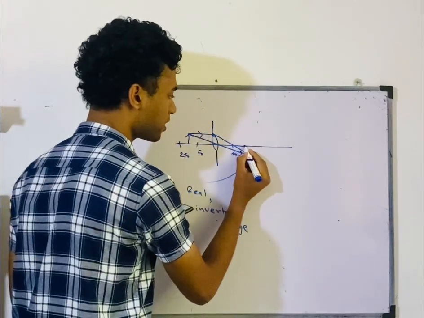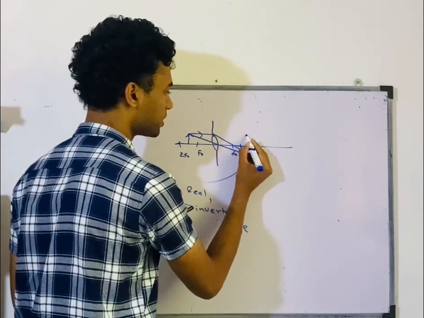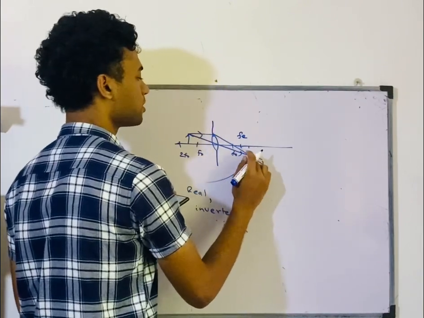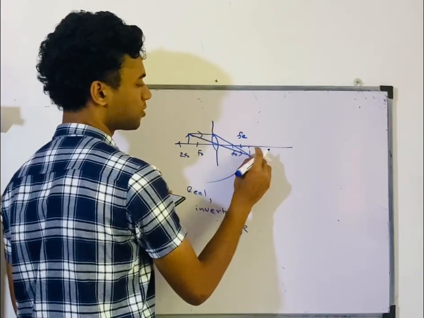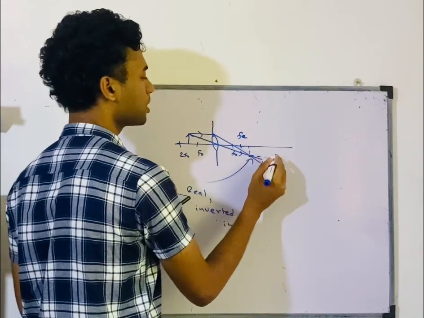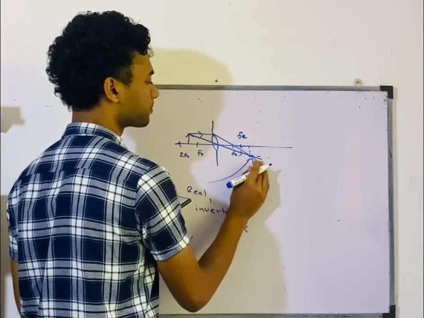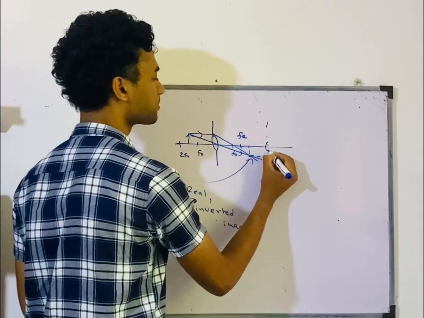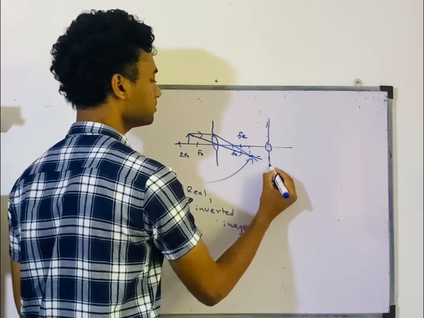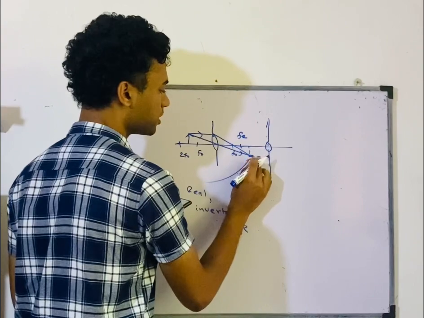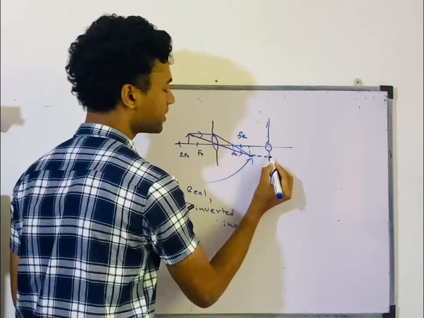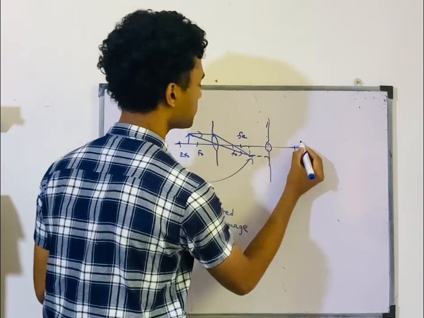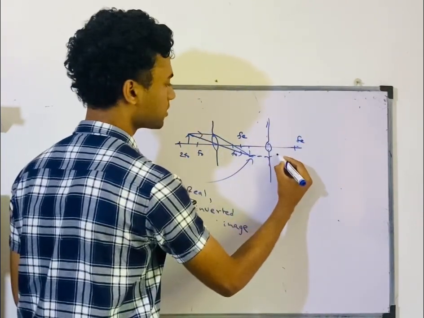I have to have the focal length of the eyepiece somewhere around here, Fe, and this is the image that's formed. It's going to act as an object. So I have the eyepiece lens. I'm going to use imaginary lines like this to make it easier. So Fe is going to be somewhere around here. It's not exactly precise, but you can see the idea.